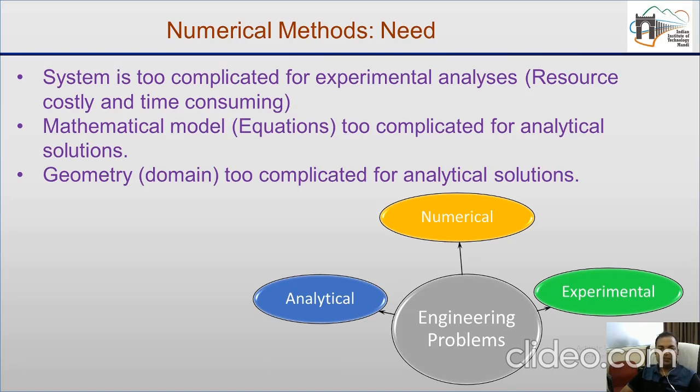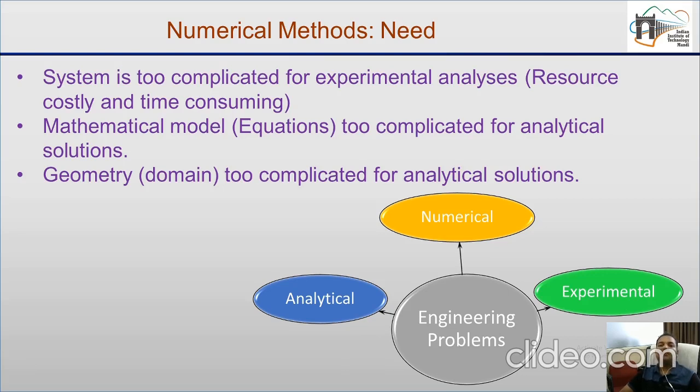But if we have complicated boundary conditions, environment, geometry, or complicated behavior of the material itself, then this analytical solution is a difficult task. So we can't implement this for real life engineering problems.